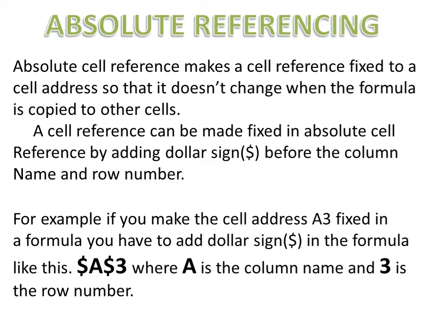If you look at the example here, if you want to make the cell address A3 fixed in a formula, you have to add a $ sign before A, which is the column name, and before the number 3, which is the row number.